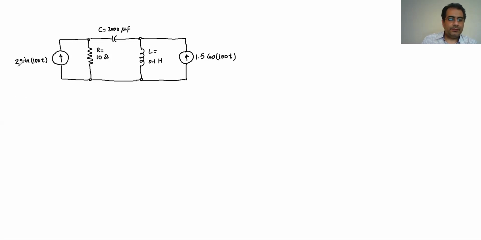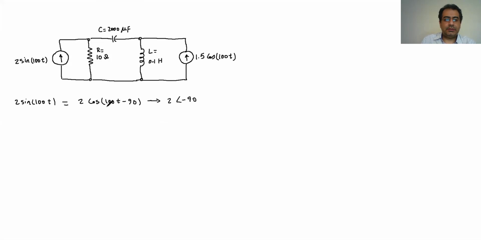The first one is the 2 sine 100t, and because it's a sine, I have to convert it to cosine, so it's a cosine 100t minus 90, and then I can write it as a phasor: 2 with angle of negative 90.